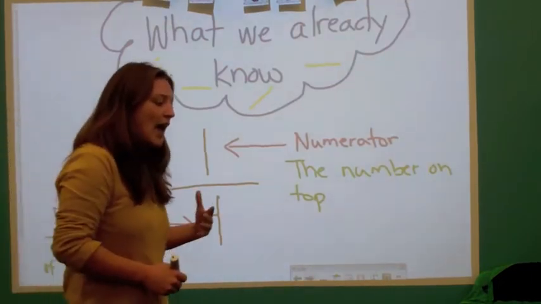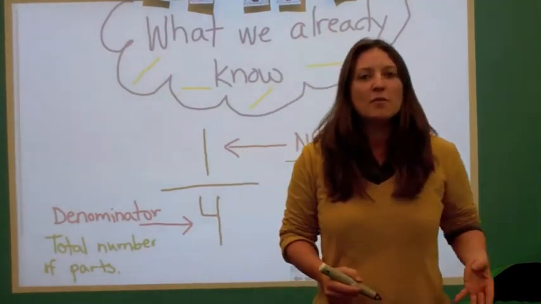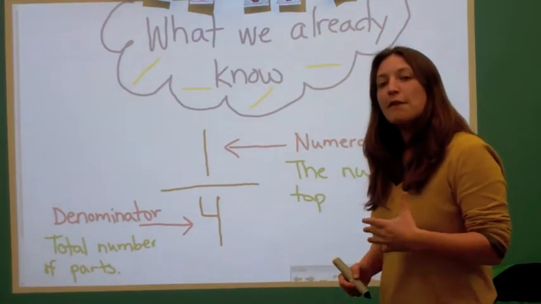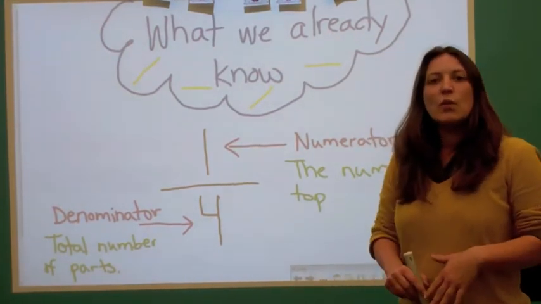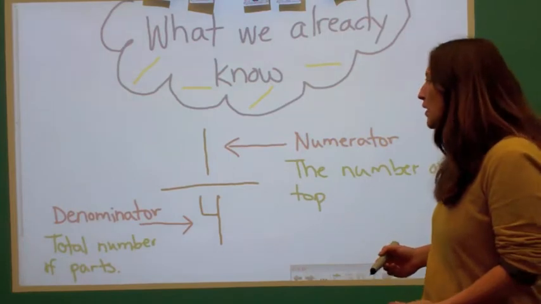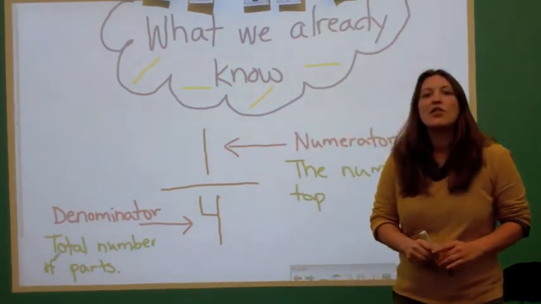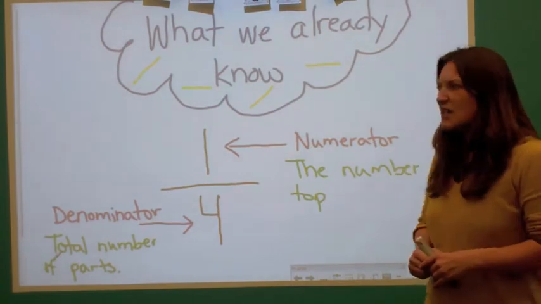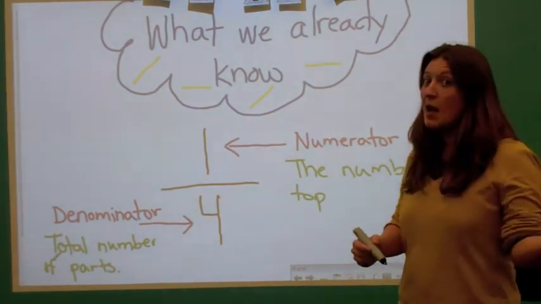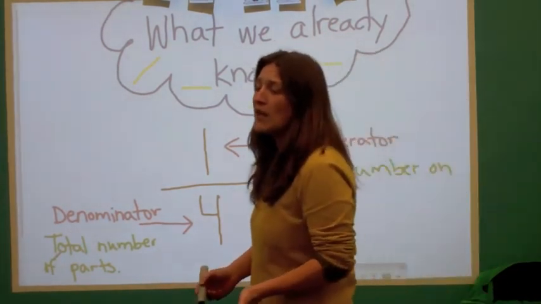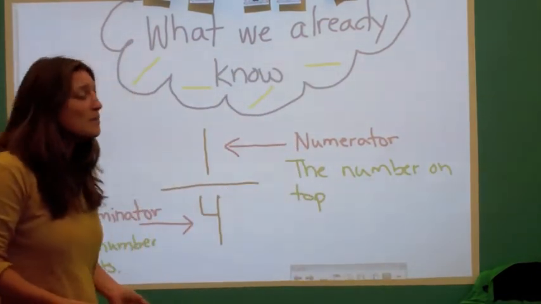Now let's look at some more vocabulary terms that you're going to hear as fourth graders. So we've learned in the past that the number on the top of a fraction line is the numerator. I always think number on top, numerator. That's just one way that it helps me to remember those terms.